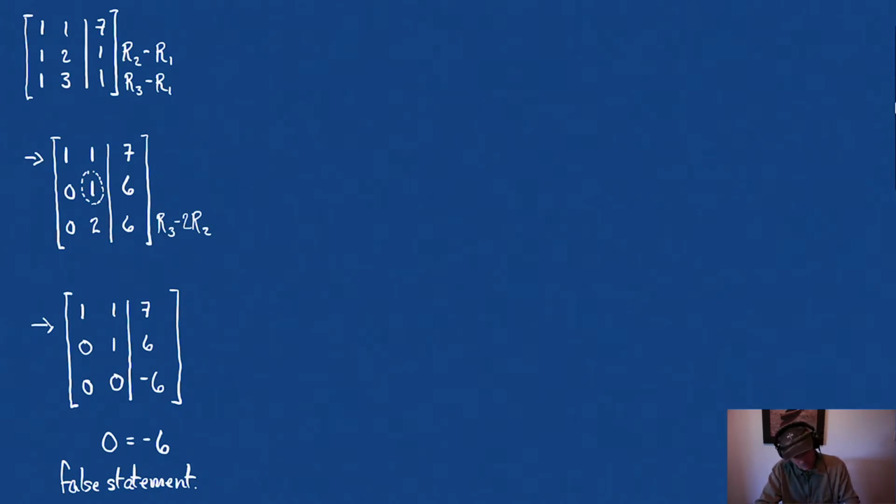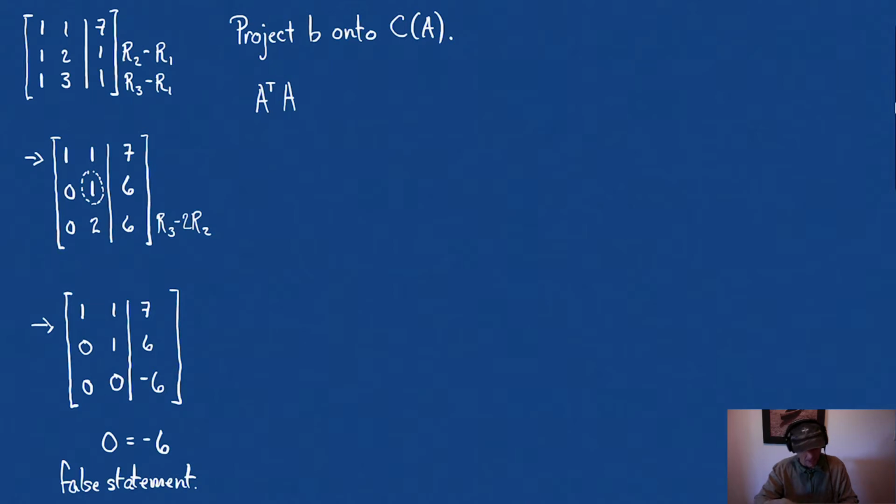What we're going to do is project b onto the column space of A. And we do that by taking the transpose of both sides, and we're going to solve the problem A transpose A. Let me go back. So remember, we start with Ax equals b, and this has no solution.